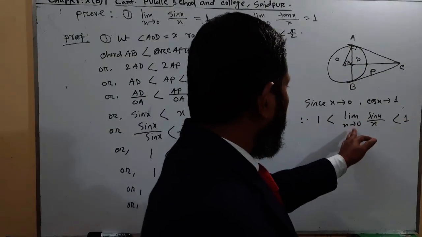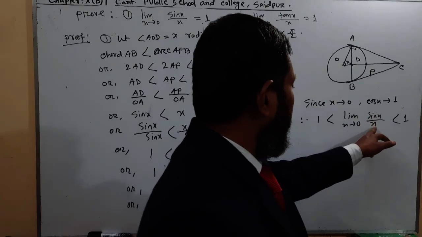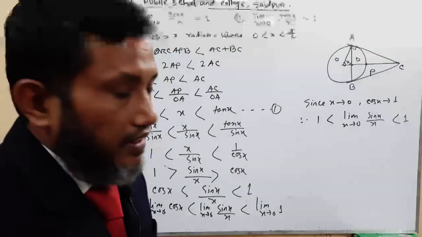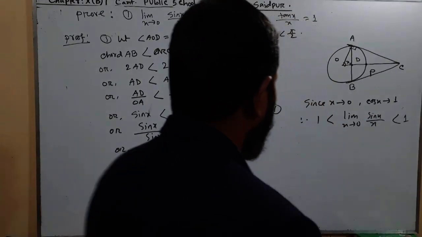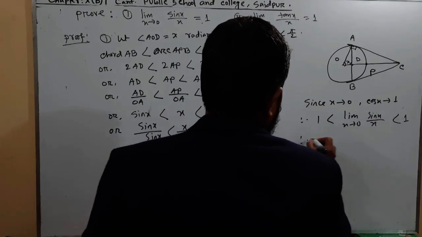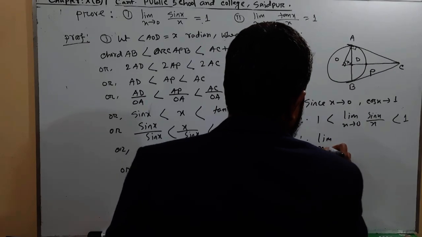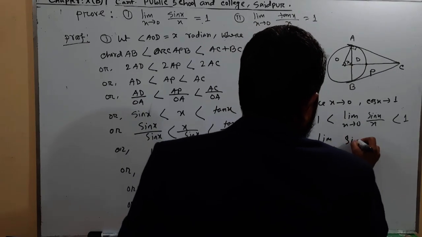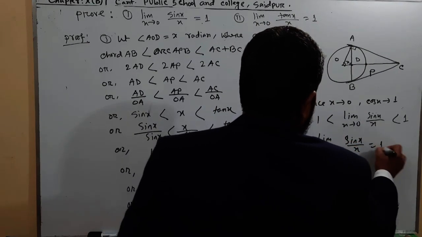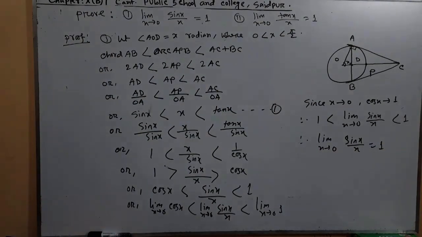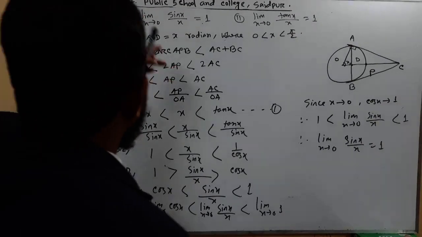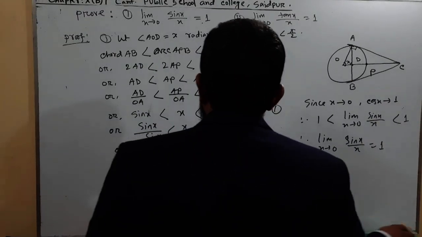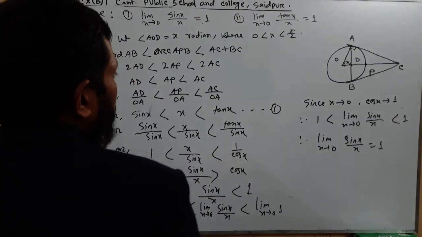Here limit x tends to 0 of sin x by x lies between these two 1s. So we can write easily limit x tends to 0 of sin x by x is equal to 1. We got it. Now I'll prove 2.